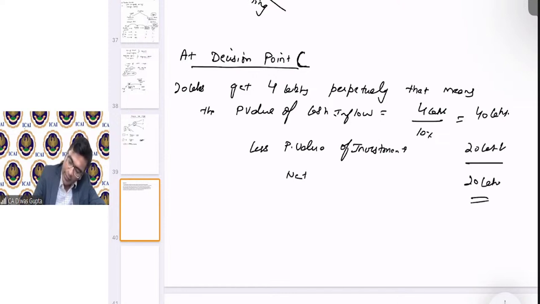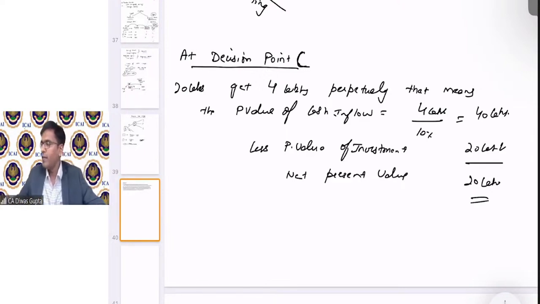So the net present value, or we also call it EMV, is referred to as expected monetary value.